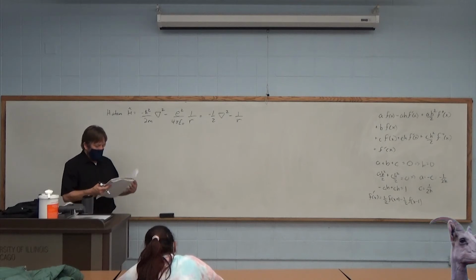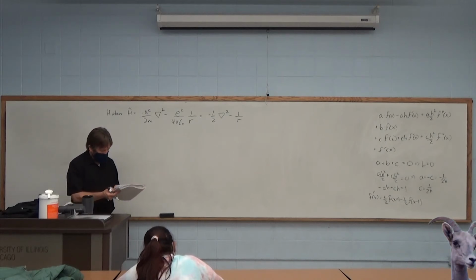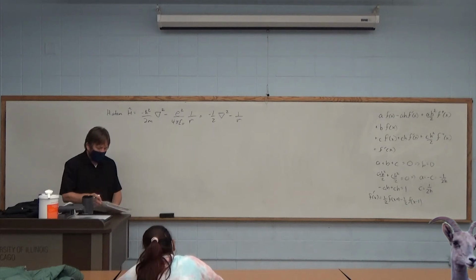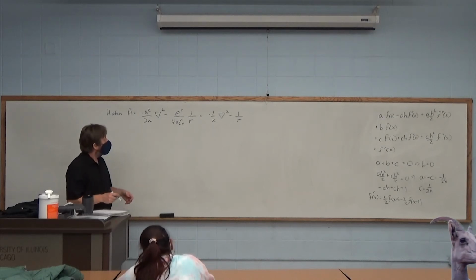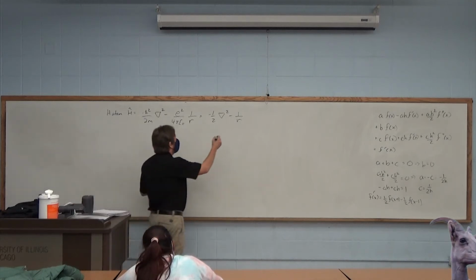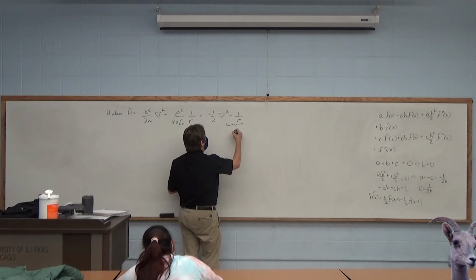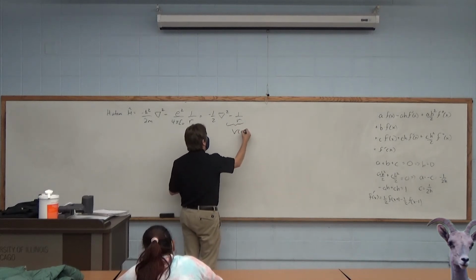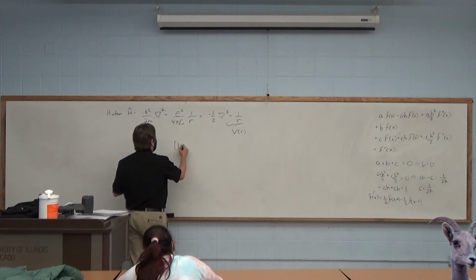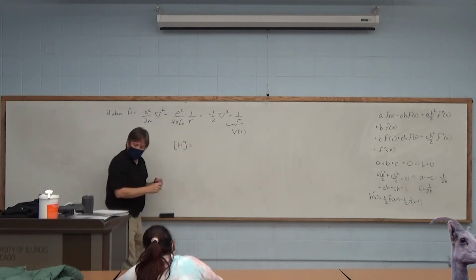Okay. Now, the way this is going to work, so this is the potential. Okay, the way this works is the Hamiltonian matrix is going to look like this.